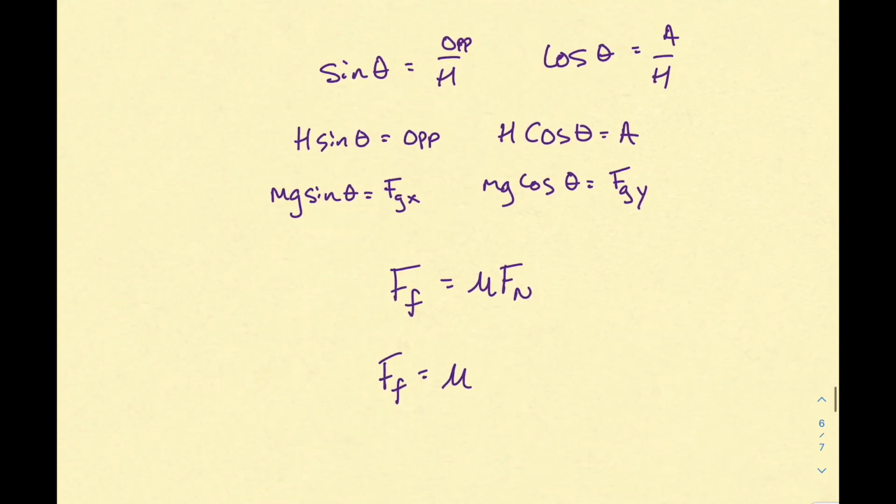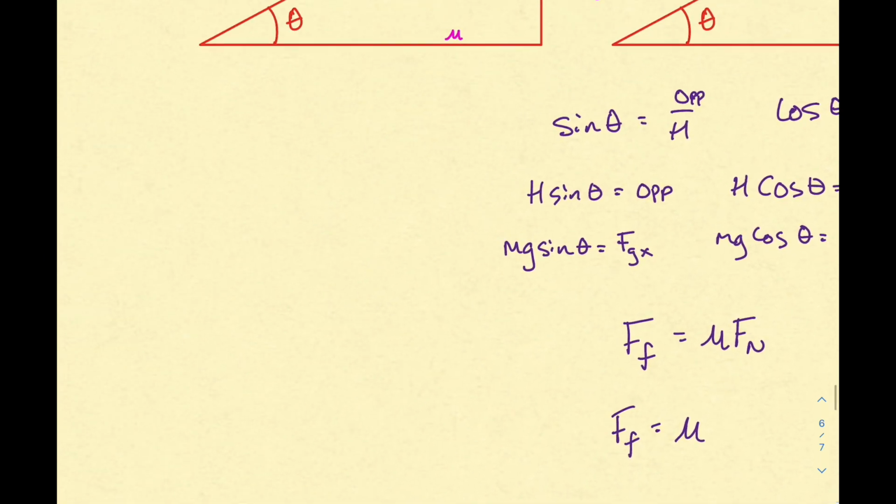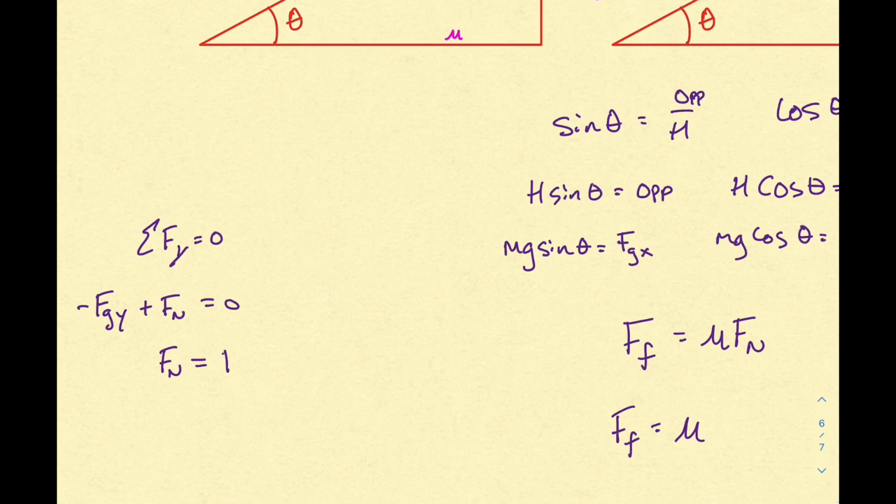Now, if I'm on the AP exam, I would also write, well, the sum of the forces in the y direction must be equal to 0. I would classify those as my Fg y and my normal force with my directions associated there. And I would say my normal force must be equal to my Fg y.